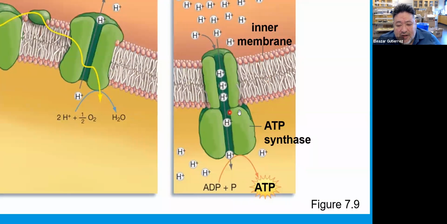And as they turn this motor to exit, okay, they force an inorganic phosphate onto adenosine diphosphate to make adenosine triphosphate.